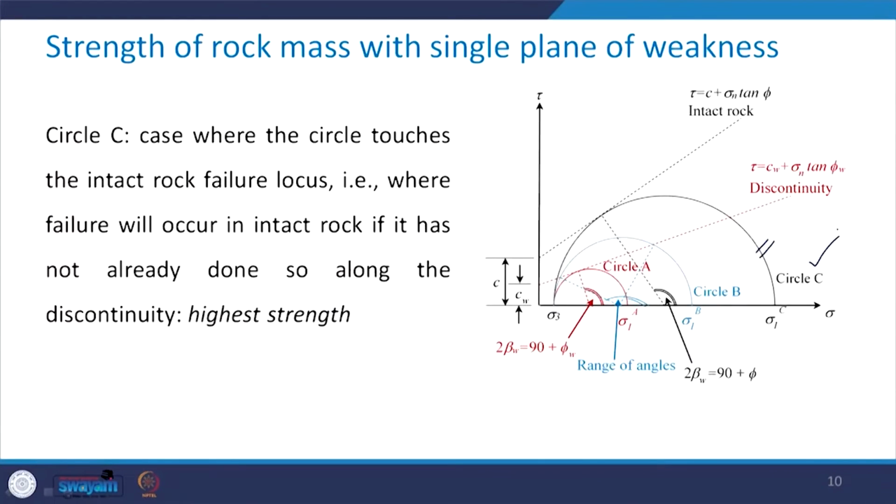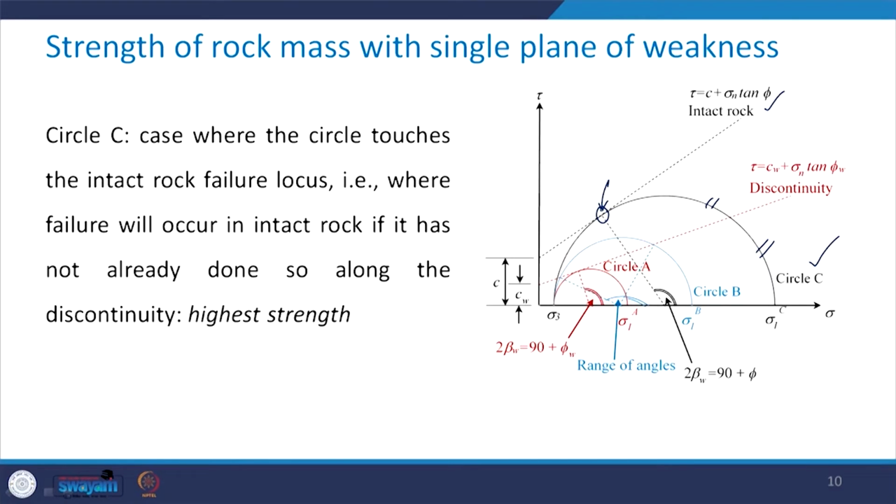So before I go to the intermediate case, let us see the other extreme, which is there in terms of the intact rock. So this circle for the intact rock has been represented by this circle C, and in this case the circle touches the intact rock failure locus. See, this circle is touching this envelope for intact rock at this point.